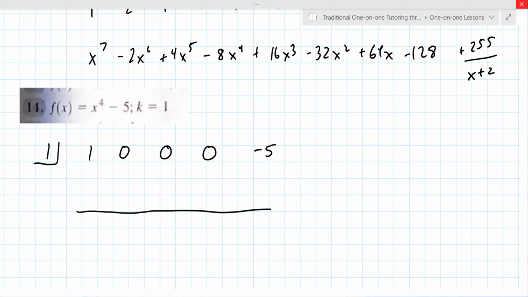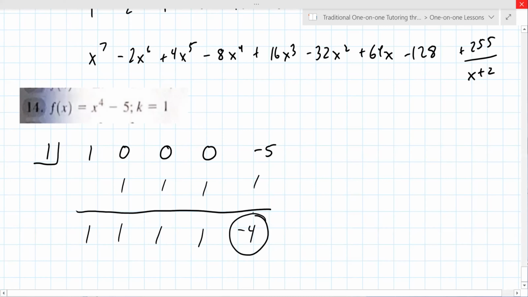So do you want to give that one a try? Yeah. So that's the value they're looking for at the end.